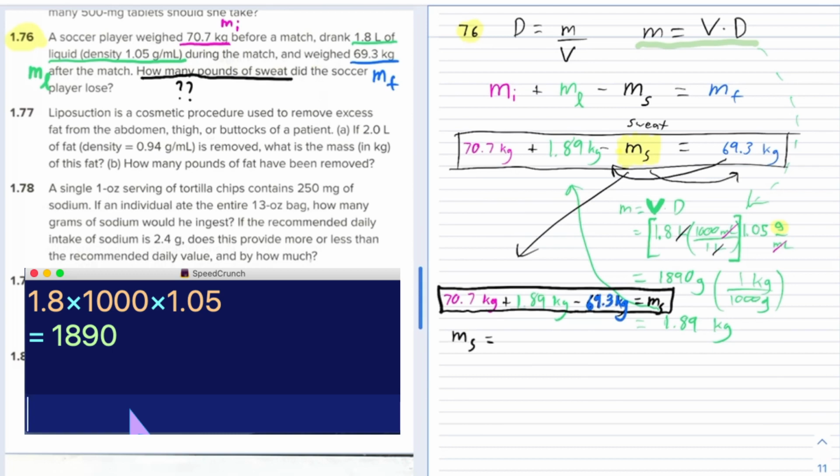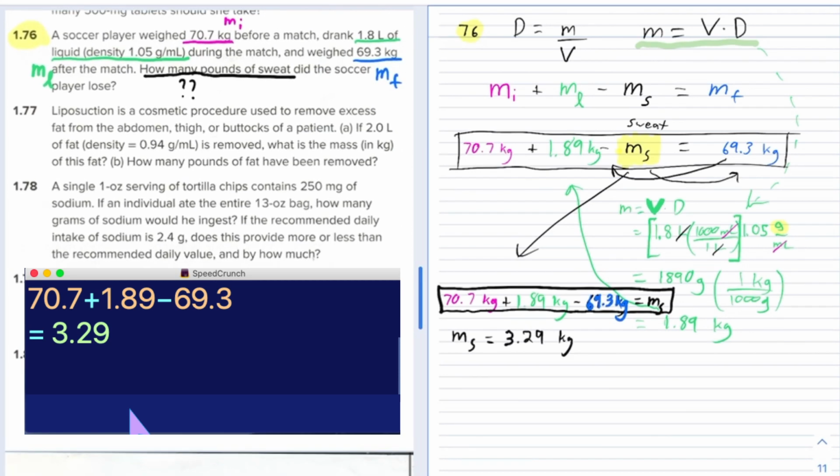Okay, now we can finally solve for the mass of the sweat. The mass of the sweat equals, let's punch it in, 70.7 plus 1.89 minus 69.3, and I get 3.29. So 3.29 kilograms. Okay, you're almost done.